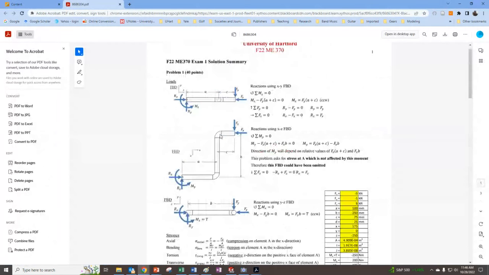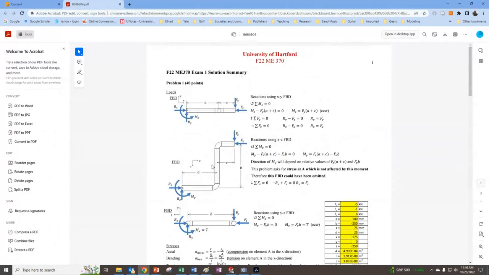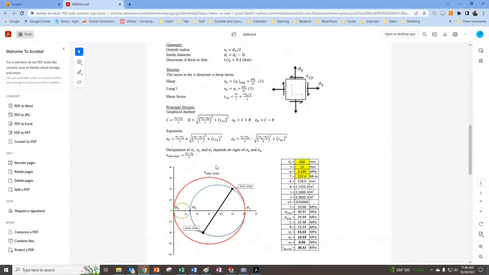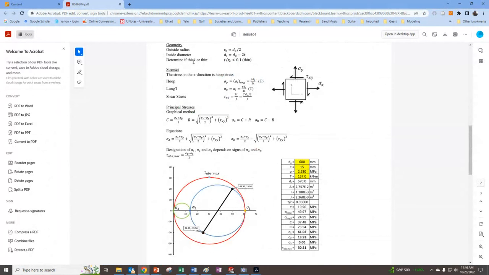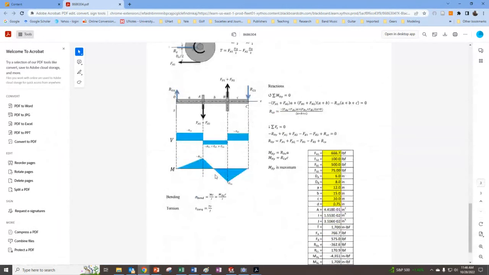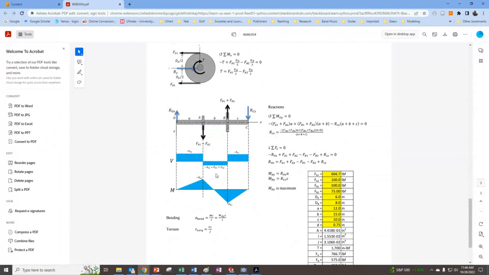So in exam 1, we did a door handle. We did a pressure vessel, right? That's what this one was. And then we did just a 2D shaft, which was very similar.